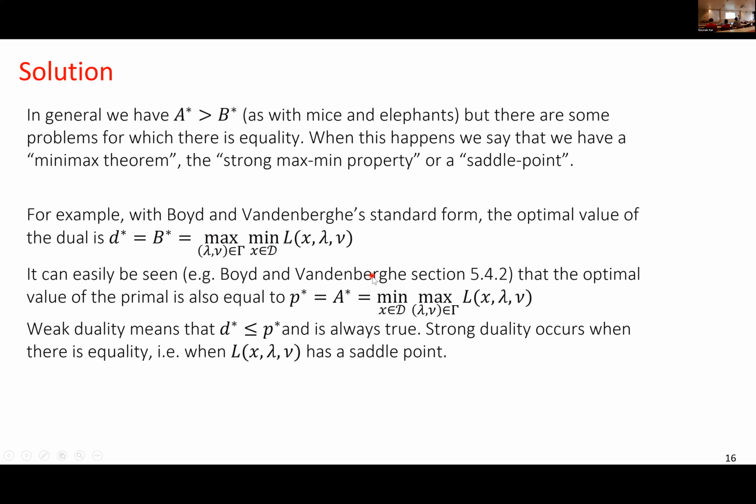Now it can easily be seen that if we invert the two, when we take the max over the Lagrangian of this, in fact, we obtain exactly the objective function, and so with the constraints, the min here will give us the value of the primal problem. I say it's easy, it would require some more explanation, but I don't give it here.